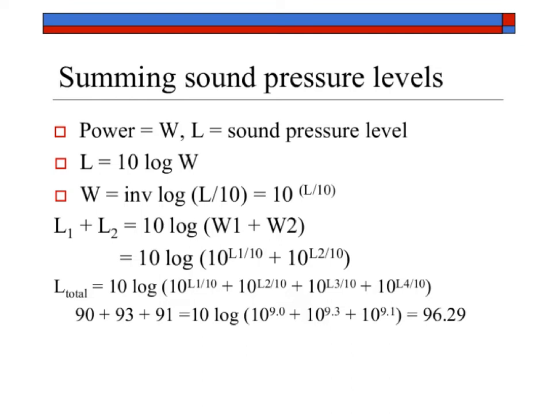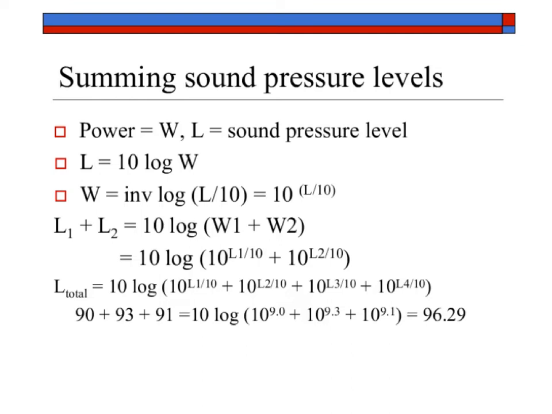So let's take an example. 90 decibels plus 93 plus 91. These are all sound pressure levels that are occurring simultaneously, and so we want to add them up to see what the total is going to be. Now this is pretty easy to do computationally because dividing by 10 is simple. You can do that in your head.